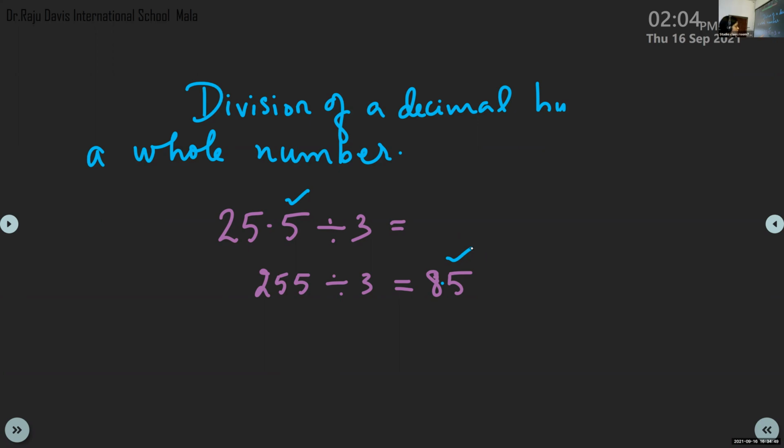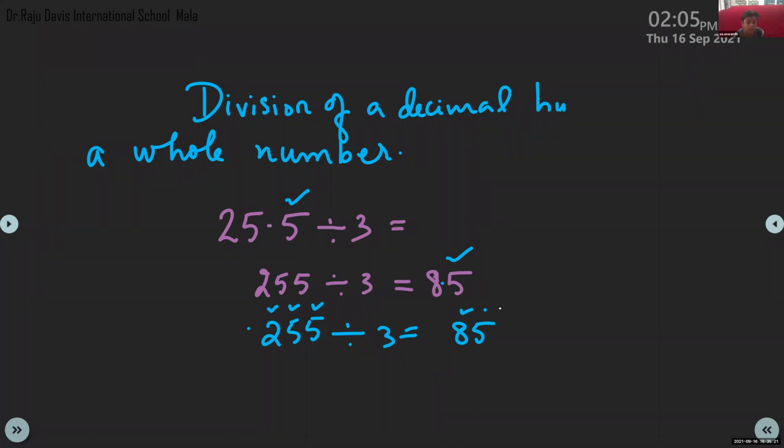Suppose in the question it was 0.255 divided by 3, what will you do? When you divide, you will get 85, isn't it? Now, how many decimal places in the question? 1, 2, 3. Three decimal places.